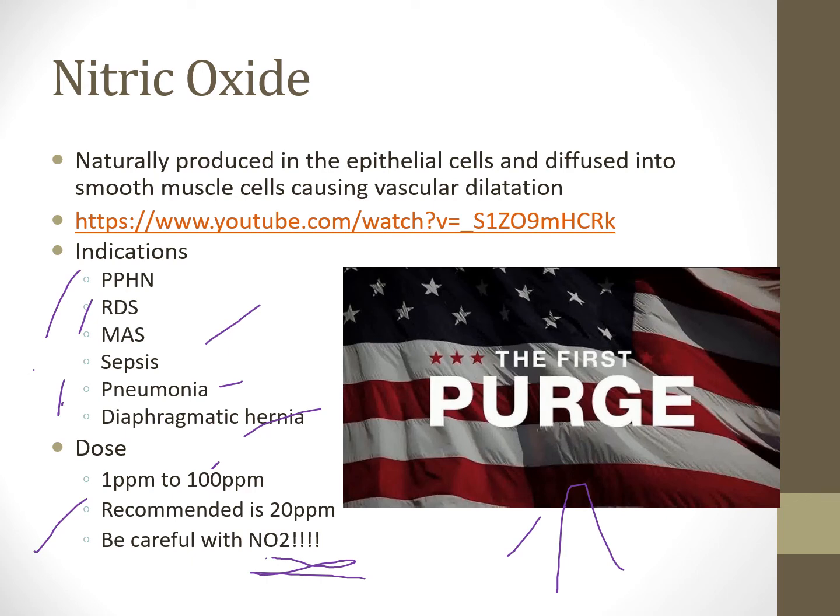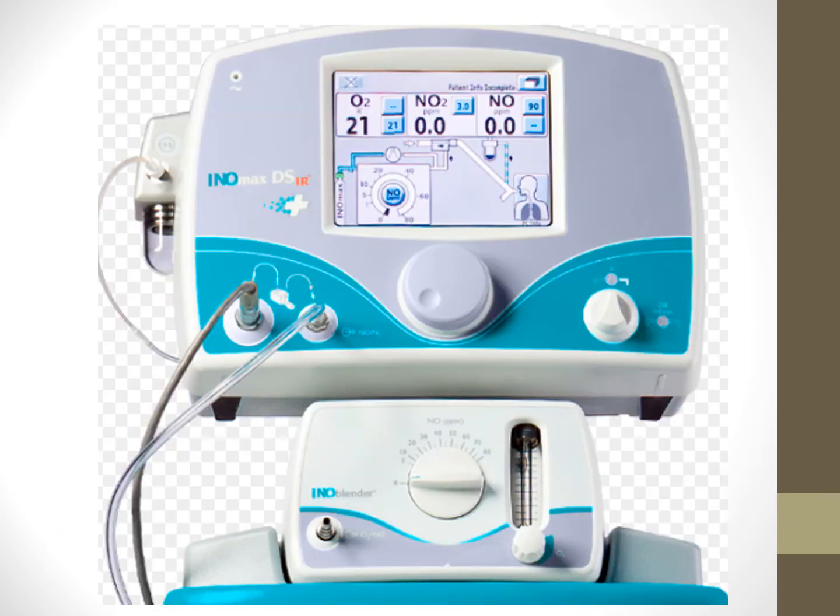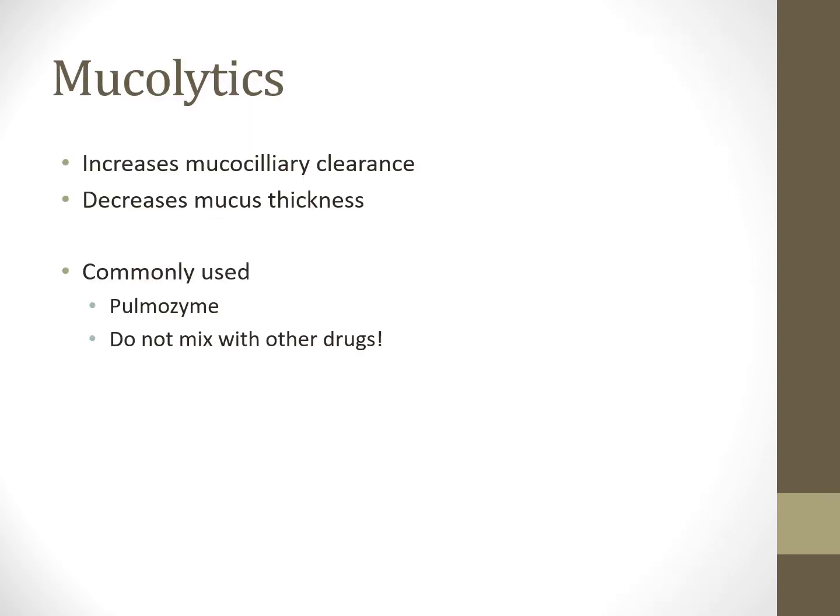That happens when nitric oxide is stagnant, usually greater than 5 to 10 minutes or so. It's stagnant and it combines with oxygen and forms nitrogen dioxide. So make sure you purge it before you start it on a baby or an adult. Here's a picture of what they look like. Now there's a new system out there, so just pay attention to those when they come out.